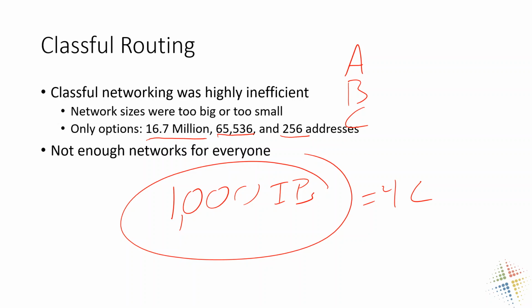So not only were the sizes either too big or too small, but there just weren't a whole lot of them. If you remember Class A, there were only 127 of these. Maybe larger organizations such as Microsoft and Apple and nations may need a Class A, but there are only 127 of them, which means you're going to run out pretty quick.